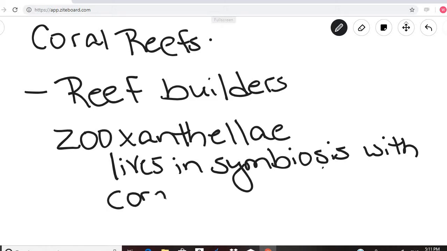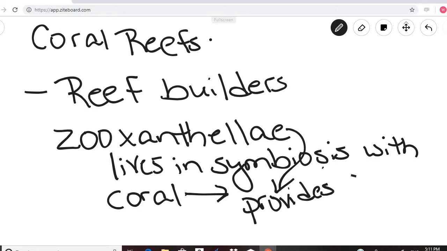By living in symbiosis with the coral, the zooxanthellae provides nutrients for the coral. And we're going to say a little bit more about zooxanthellae a little bit later.